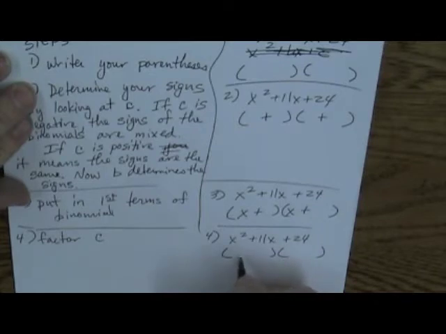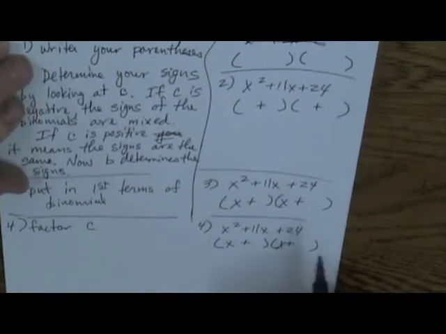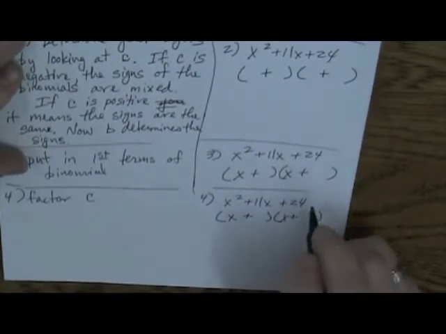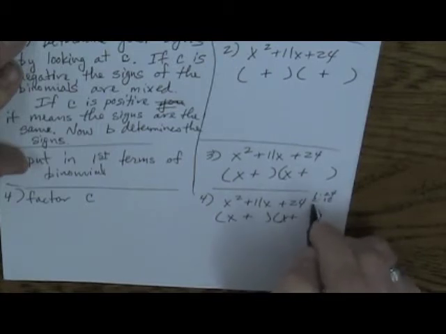We already have our signs. And we already have our first terms. So we're going to factor C right here. C, 24 factors into 1 times 24, 2 times 12, 3 times 8, 4 times 6. All right.